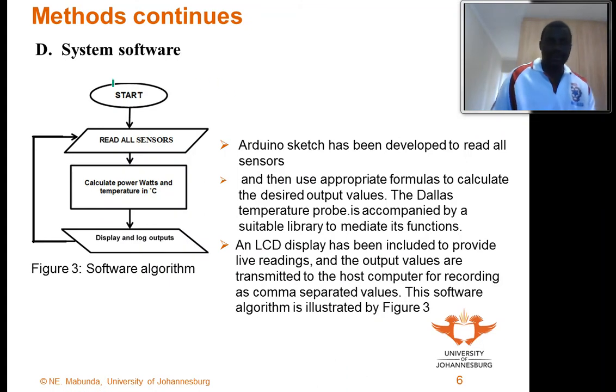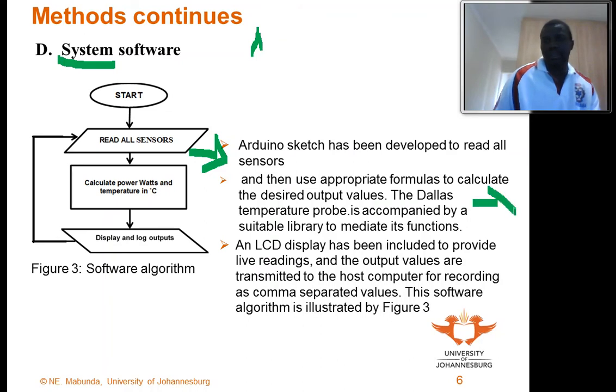We move forward looking at what the Arduino sketch does, the software algorithm. At the beginning, you read all sensors, and after that, you use appropriate equations, one of them being listed as IDC times VDC, to work out the output power.